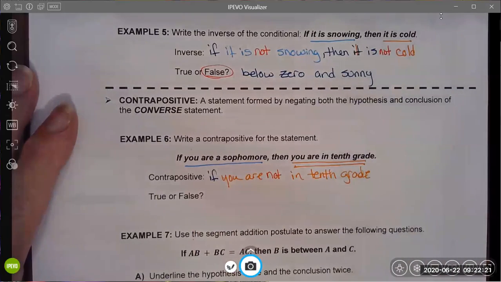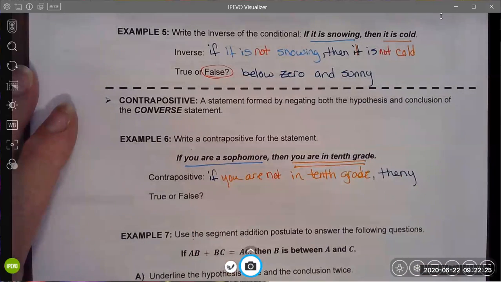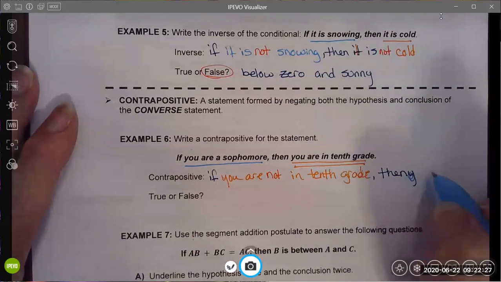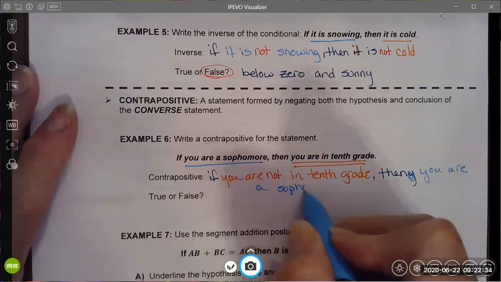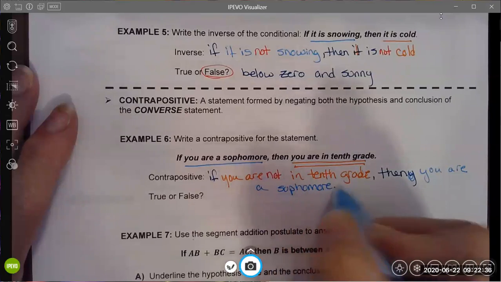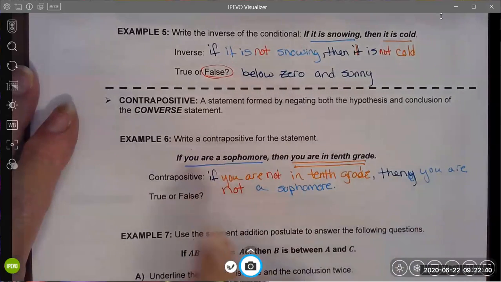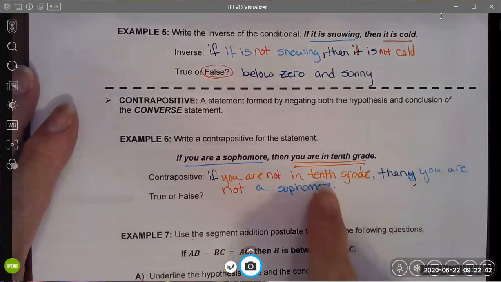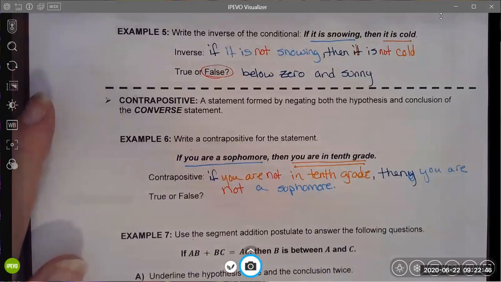If you are not in 10th grade, then, and now, then how I do my blue words. You are not, you're not a sophomore. So I switched them and I added the word not, and that creates my contrapositive.